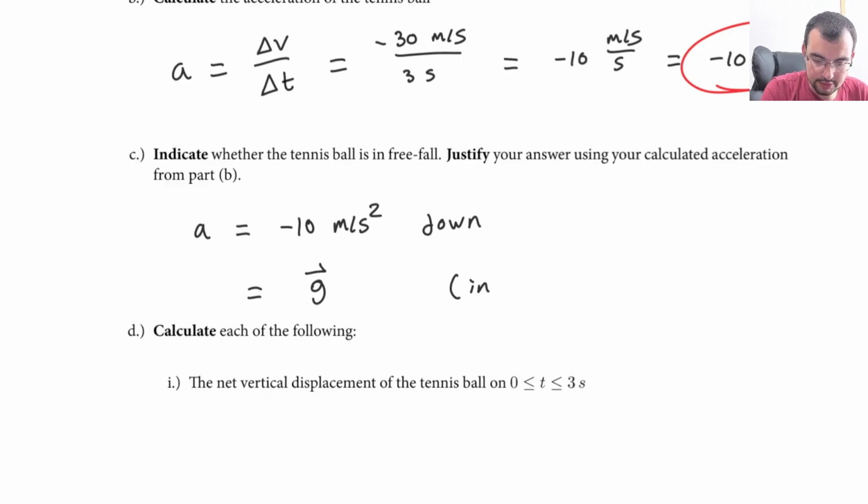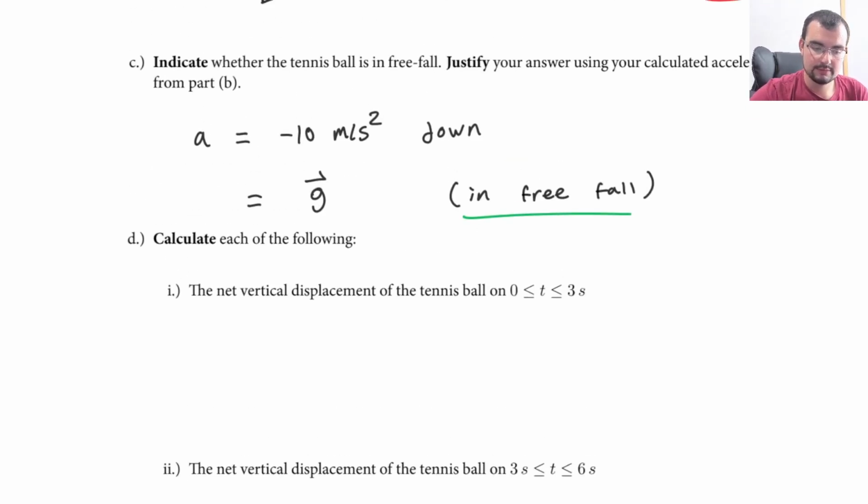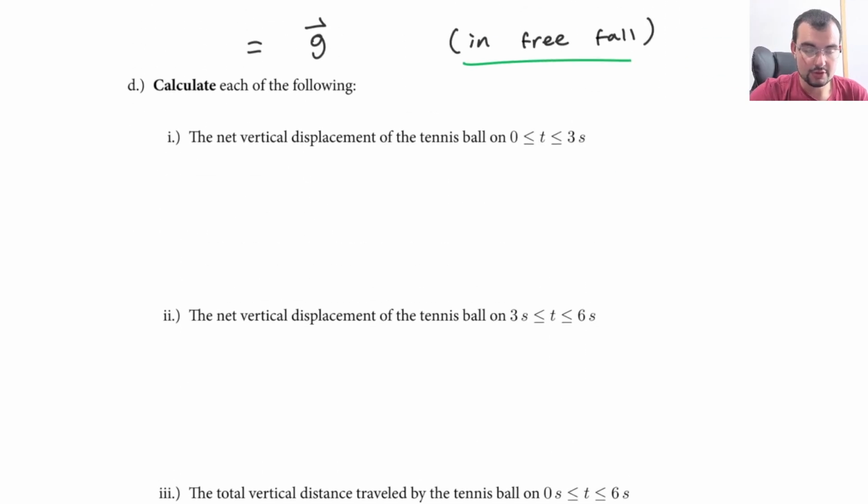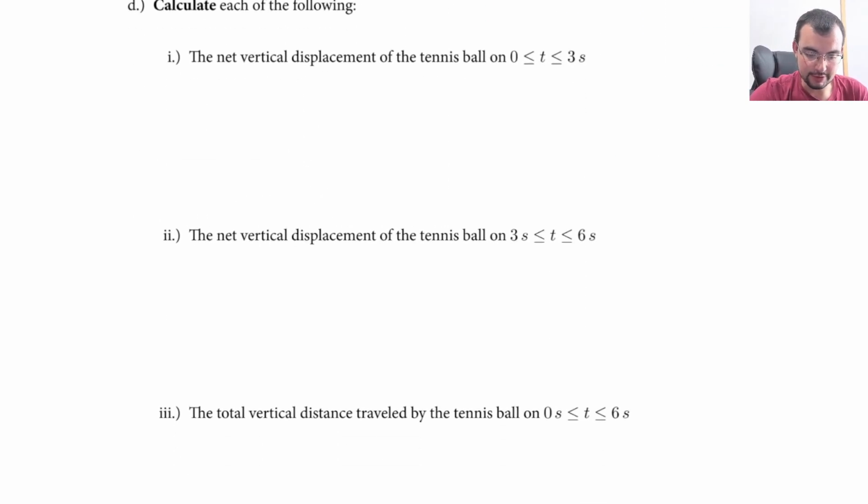So we are definitely in free fall. So we should say yes, right? Anytime it's an indicate, we should say yes or no. So since acceleration is g, we are in free fall.